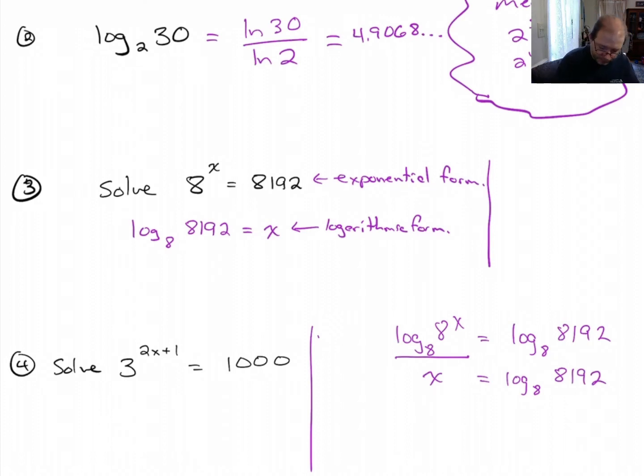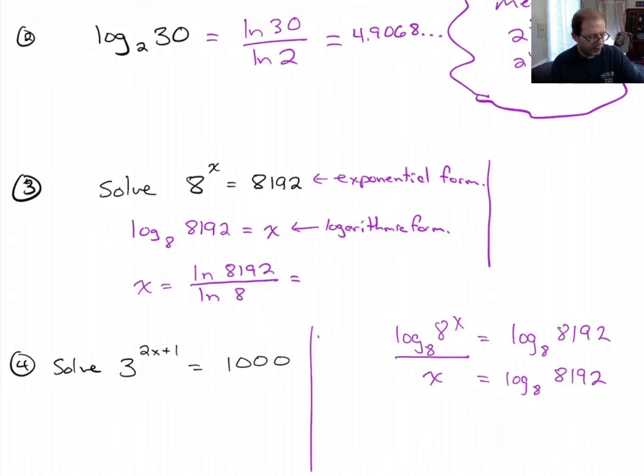All right, so let's use the calculator to do this. ln of 8192 over ln of 8 gives me 4.3. It's 4.3 repeating, so I'll put that bar over it. So we get that.